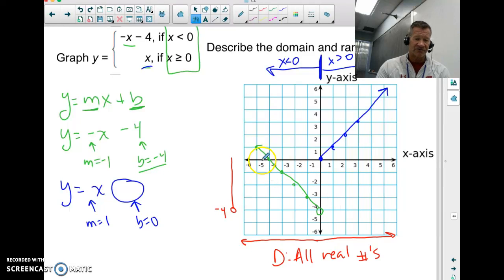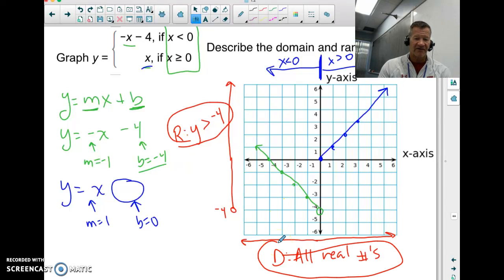Well, this green graph goes up forever, and so does the blue one, and they overlap each other. So from -4 it goes up and up and up forever. So we're going to say the range is the y values above -4. Not equal to -4, just above. So y is greater than -4. And there's your domain, your range. We got our graph. So we've followed all the directions and we're all good.